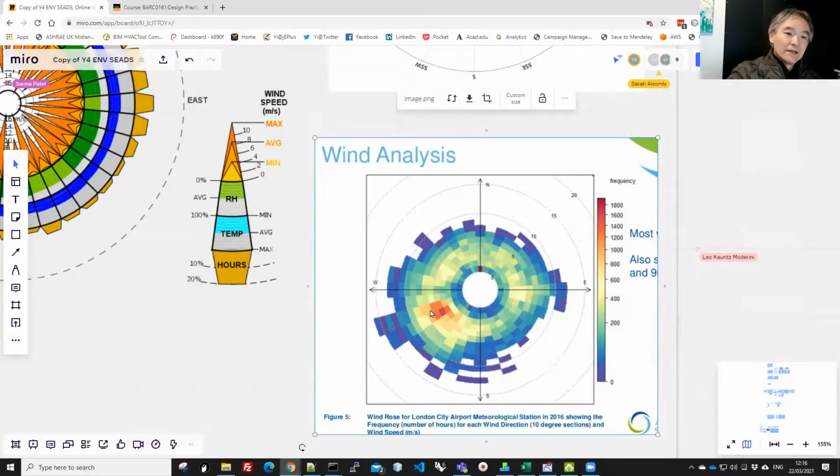And you can see, okay, actually it's more frequent to have wind coming from this west-southwest direction and at that particular speed. This is very useful for building design because when you're talking about wind, it's neither the maximum speed or mean or average that's useful.